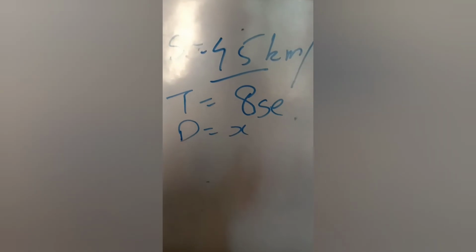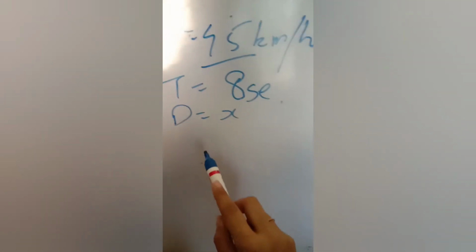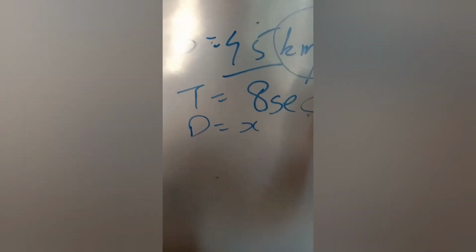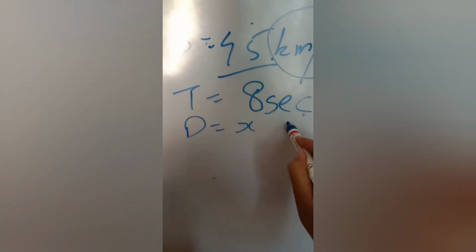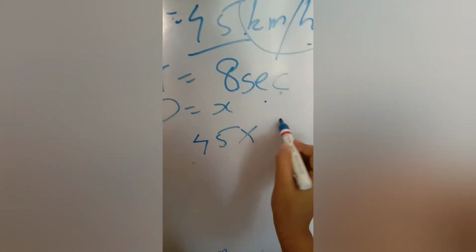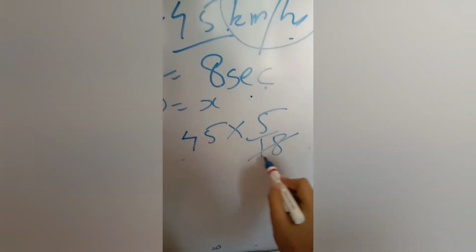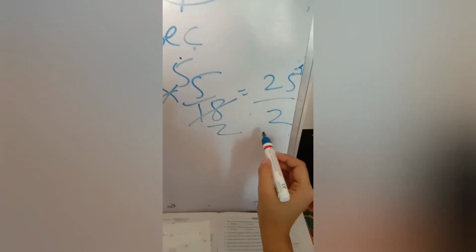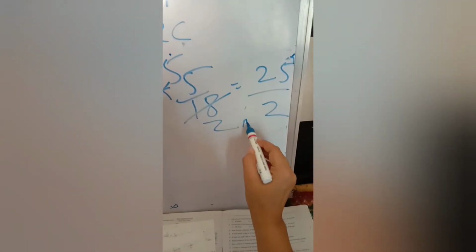To find the distance where the speed is 45 km per hour and time is 8 seconds. So here it is easier first to convert this, because we need either to convert this into meter per second or this into hours. So here we convert 45 into 5 upon 18. 9 2s are 18, 9 5s are 45. So we get 25 upon 2 meter per second.